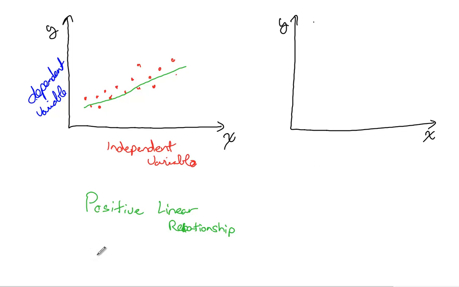And this time the dots are going to be looking like this. Okay? And so what's happening is as the independent variable is increasing, the dependent variable is decreasing. And so this is what we call a negative linear relationship.